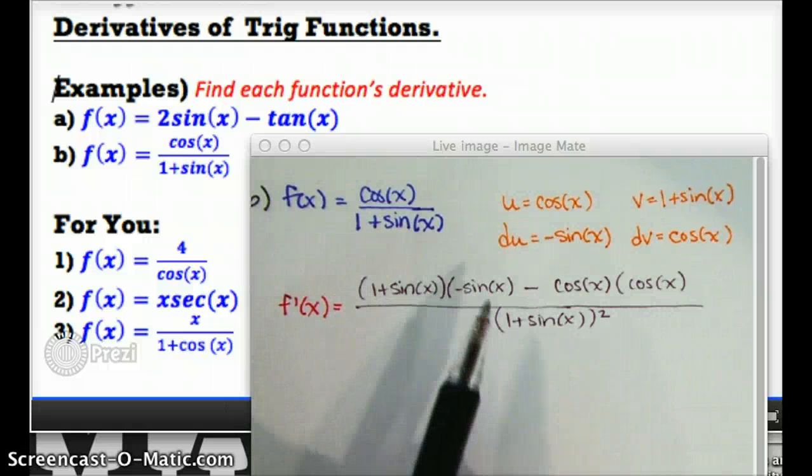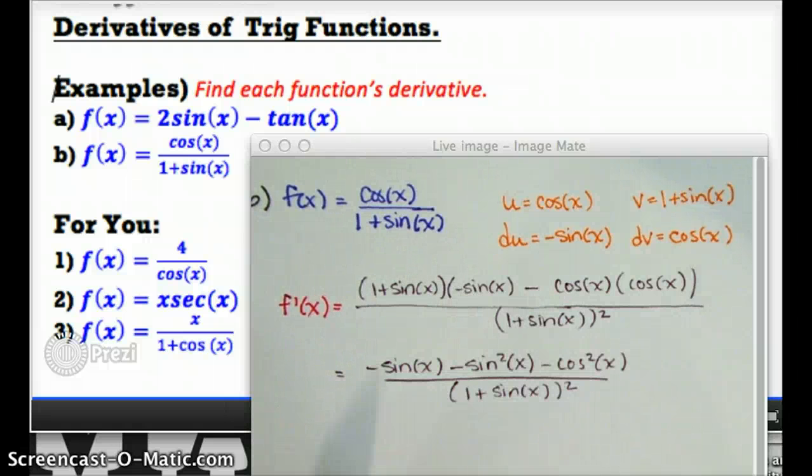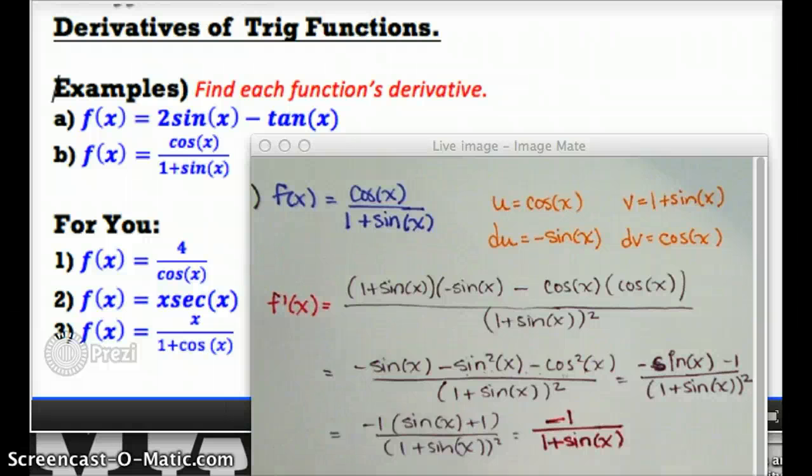What I'm going to do is first distribute this sine to both of these terms. And when I do that, I realize that I have a negative sine squared minus cosine squared, which is really kind of like negative 1 times sine squared plus cosine squared. So actually, these two terms together just make negative 1. And replacing that with negative 1 makes me realize that I can even cancel out a term, giving me this final answer.